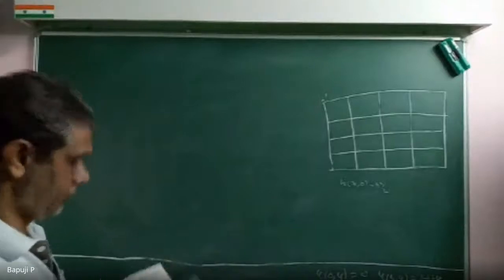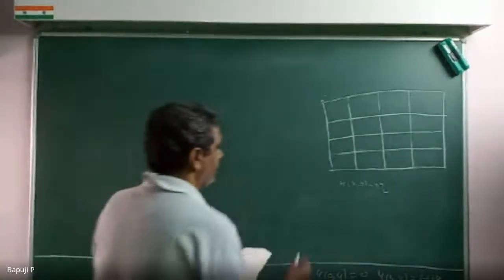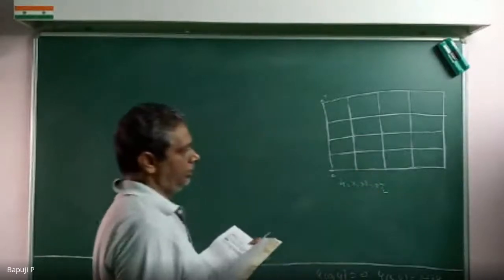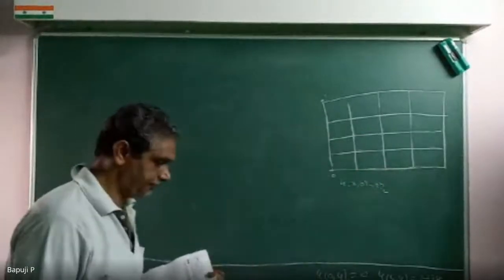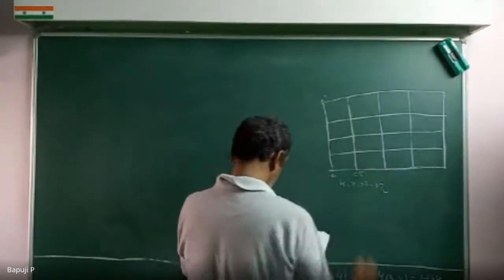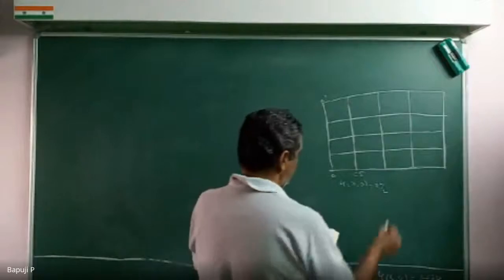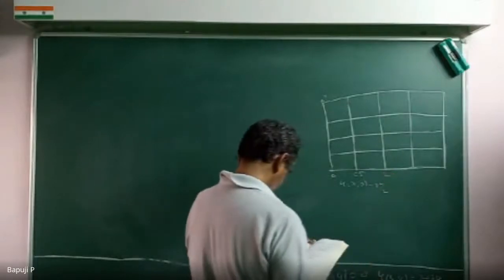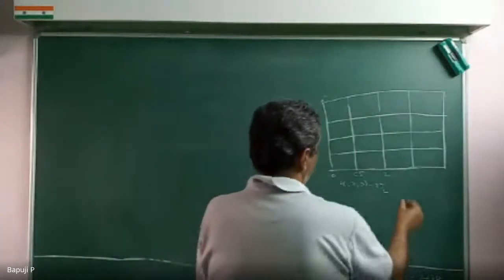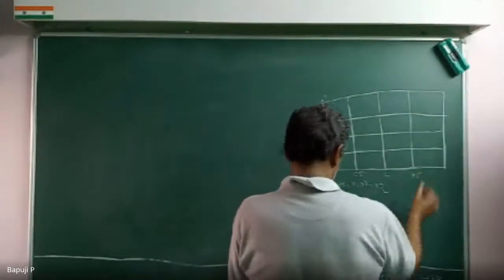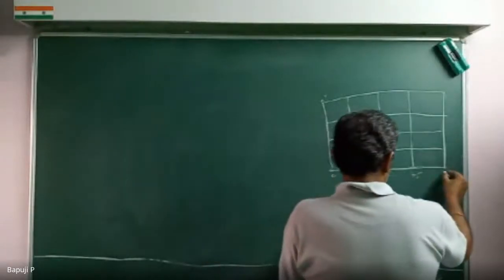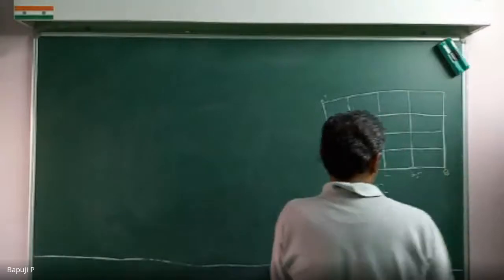Correct or not? So what value will we get here? 0. This value is 1 by 2, which is 0.5. Then 4 by 2, 2. Then 3 square, 9 by 2, 4.5. Then 4 square by 2, 16 by 2, 8.